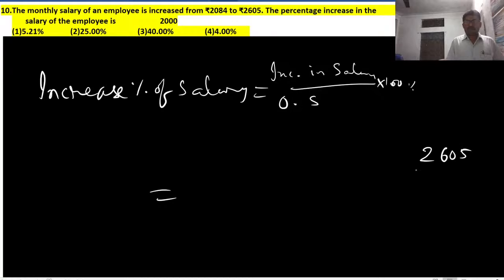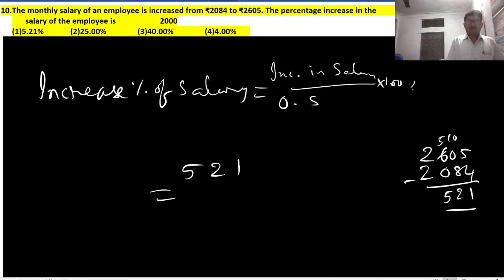2605 minus 2084, 10 minus 8 is 2, giving 521.